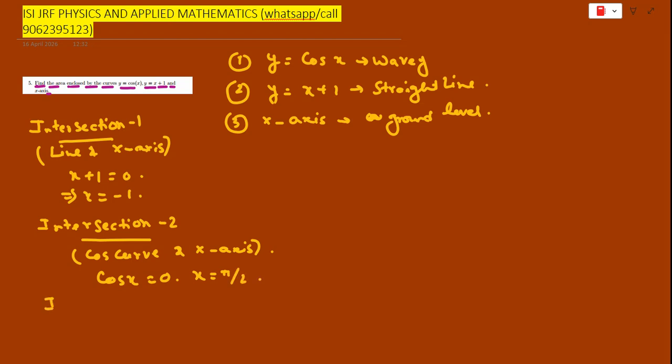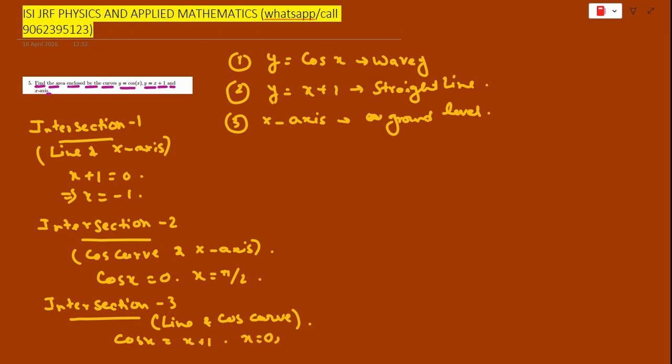Now intersection 3, that is the line and the cos curve. So cos x equals x plus 1. Now try x equal to 0. cos 0 is 1, and x plus 1 is 1.